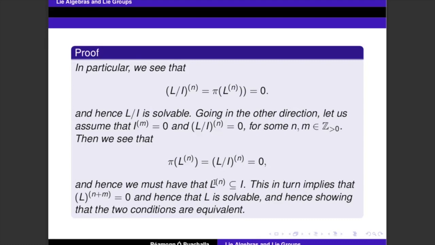I mean, when you restrict it down to the subspace, of course, it's just the same thing. So yeah, that means that then taking L to the n plus m is going to give us 0. Okay, and hence, in particular L itself is solvable, showing that the two conditions are actually equivalent. So it's a neat trick.